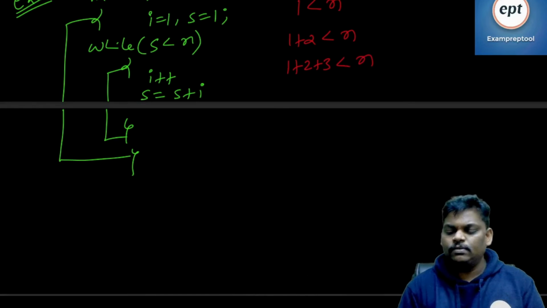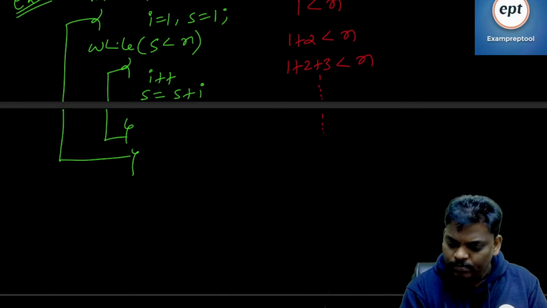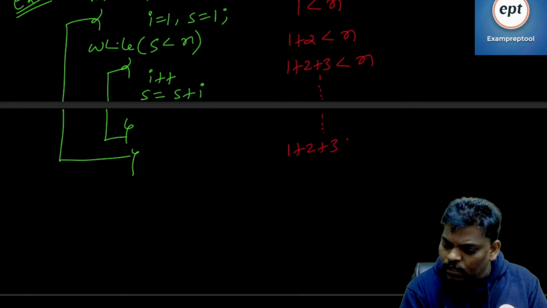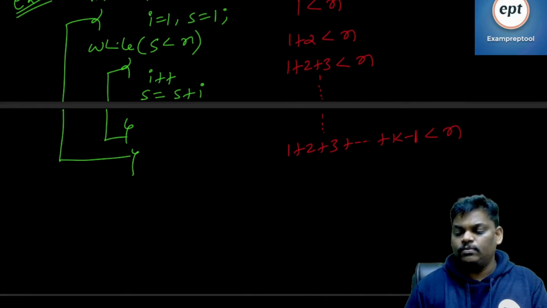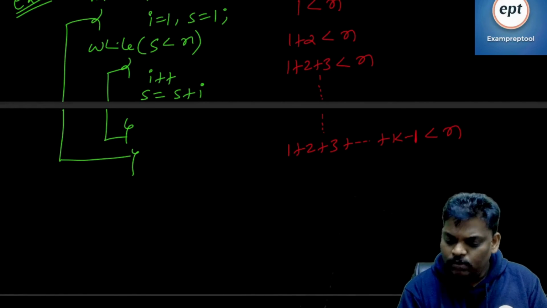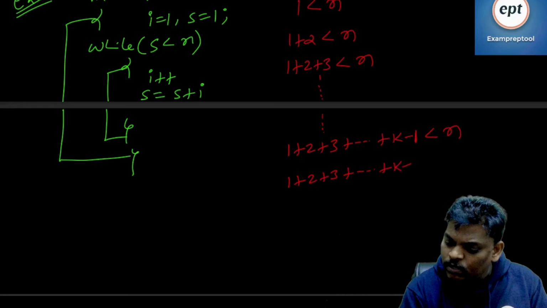Continue like this. Let us assume that we continue like this k times. 1 plus 2 plus 3 and so on, k minus 1, is also less than n. No problem till now. Next one, 1 plus 2 plus 3 and so on, k minus 1 and so on, k is equal to n.